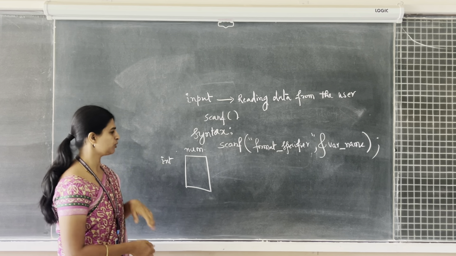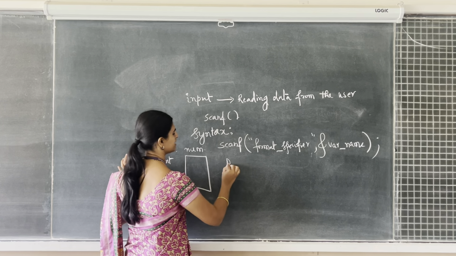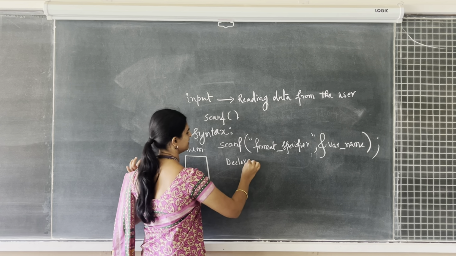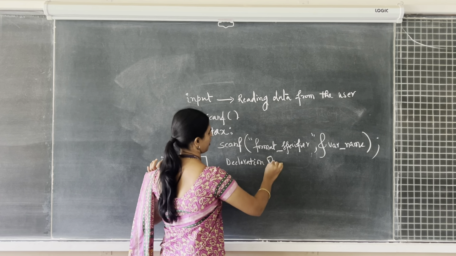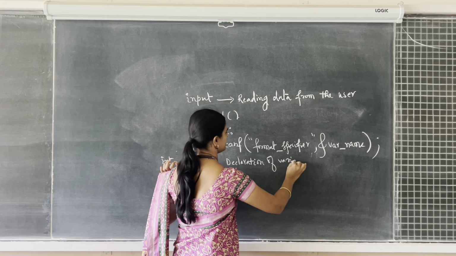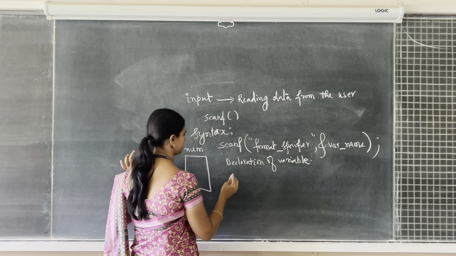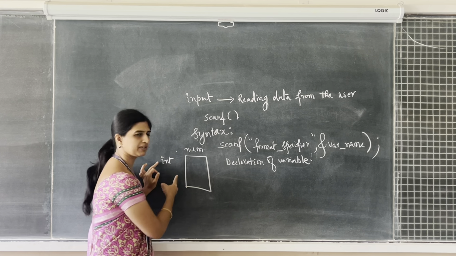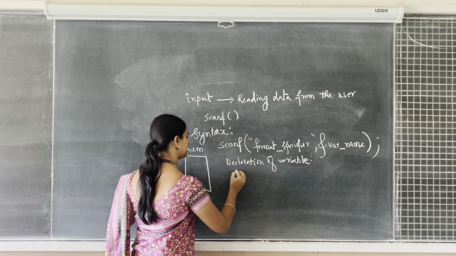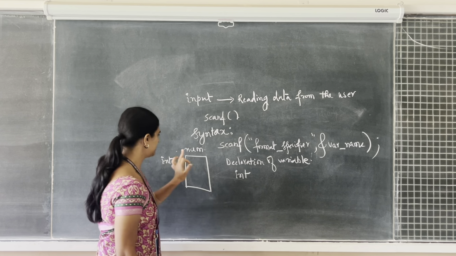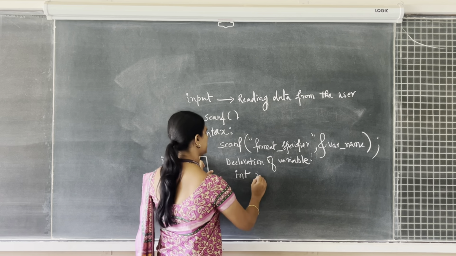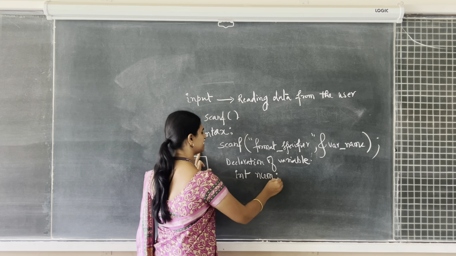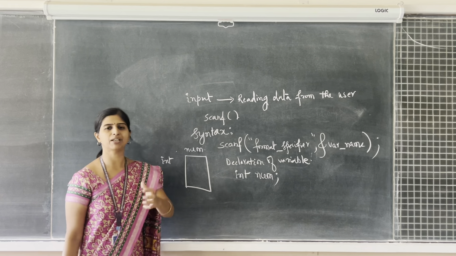How should I be doing it? The first thing you will be doing is declaration of the variable. Now you know how to declare a variable. First you write the data type, which is int, followed by one single space, then the variable name: int num. Then complete this with the semicolon.